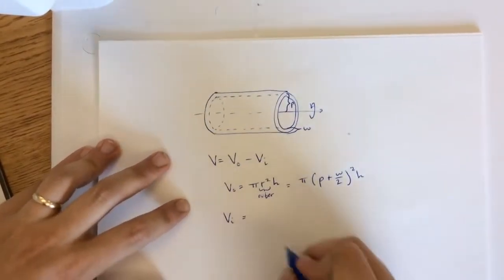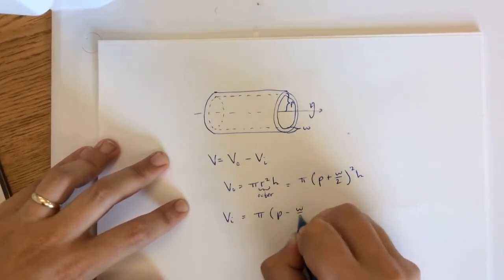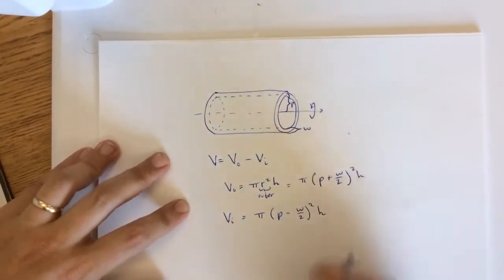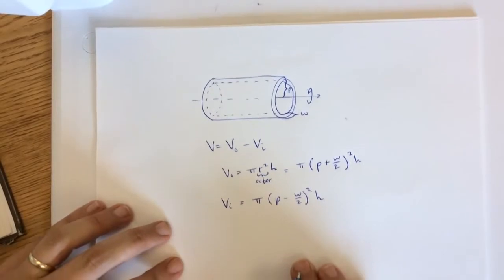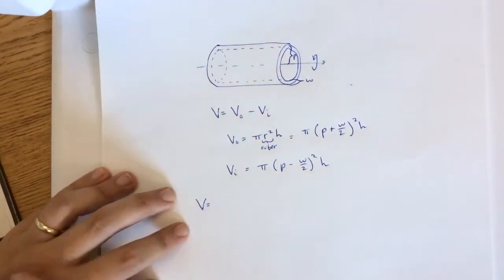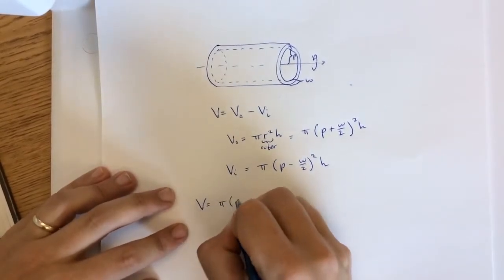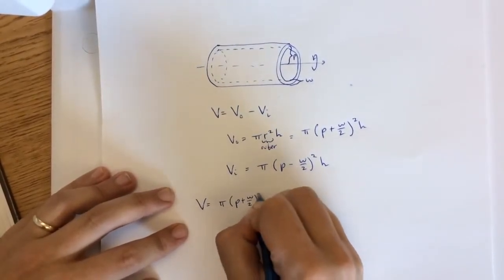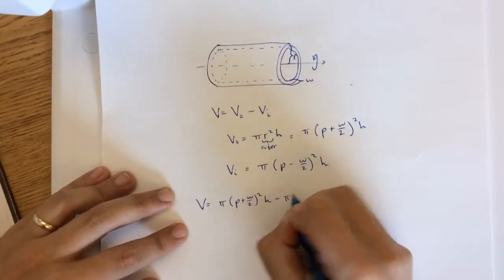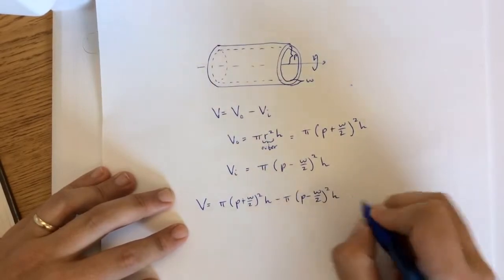In the same way, the volume of the inner cylinder is pi times p minus w over 2 squared h. And so the volume of the shell is pi times p plus w over 2 squared h minus pi times p minus w over 2 squared h.